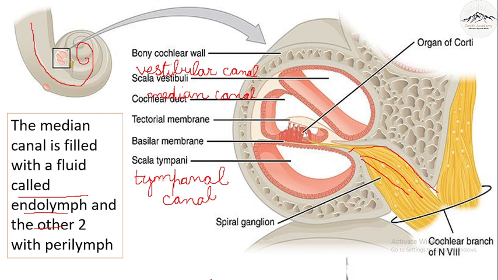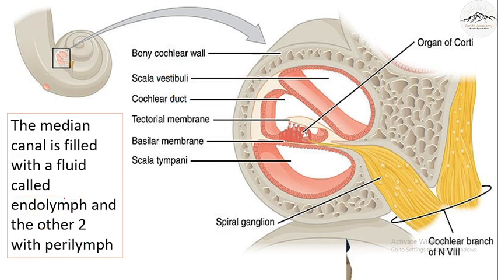See, the median canal, let me erase this first. Just a second, children. Okay, so the median canal is filled with a fluid called endolymph and the other 2 with perilymph.